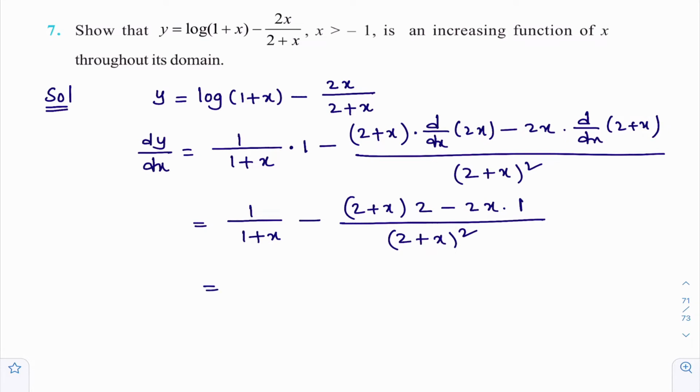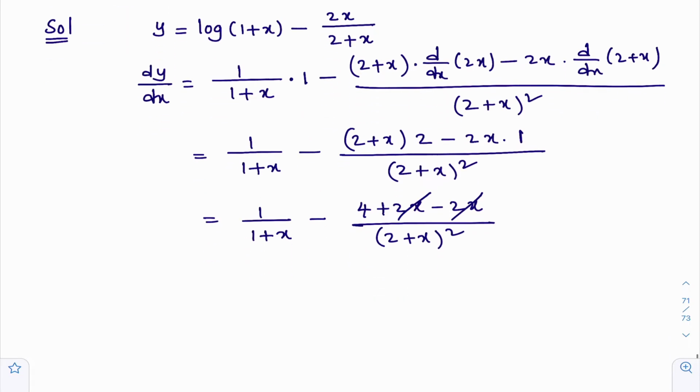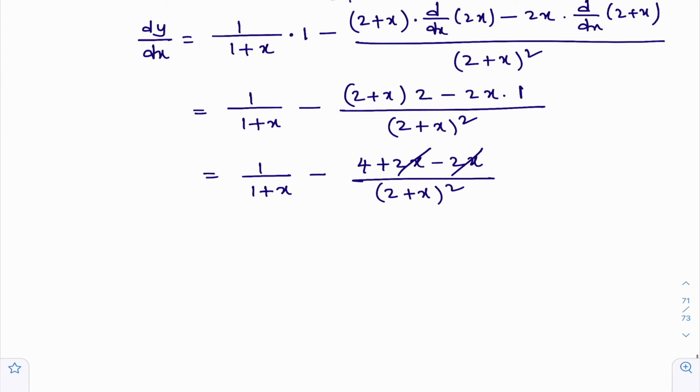That equals 1 divided by 1 plus x minus. You multiply these two, what will you get? You will get 4 plus 2x minus 2x divided by 2 plus x whole square. So here plus 2x minus 2x will get cancelled. So what you got here? You got 1 divided by 1 plus x minus 4 divided by 2 plus x whole square.